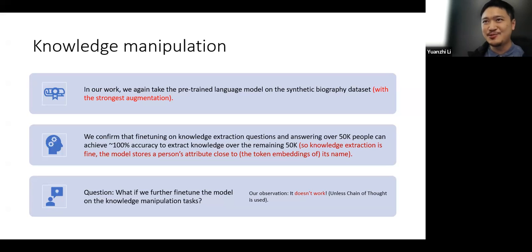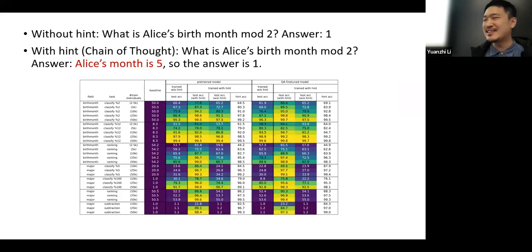That is definitely doable. But what about without chain of thought? Can the model do the thinking in its brain? It's not hard thinking, it's actually very easy thinking. Can the model do more thinking in its brain without writing it down? And what we show is actually no, or mostly no.